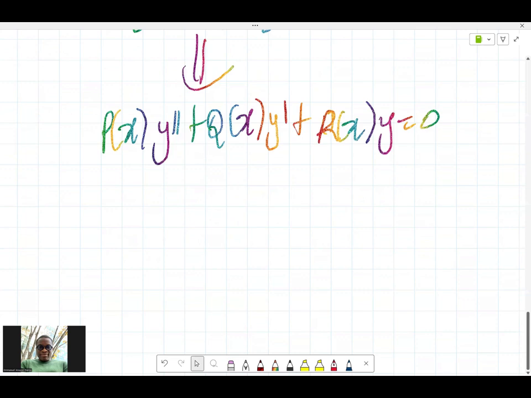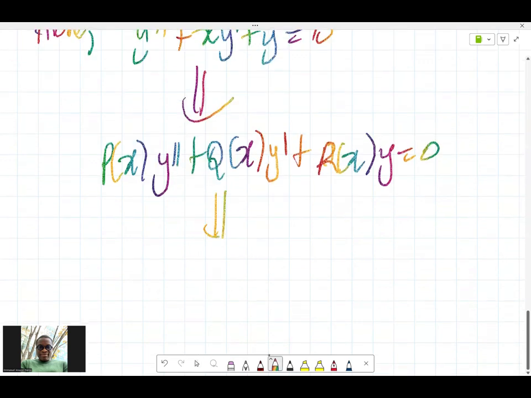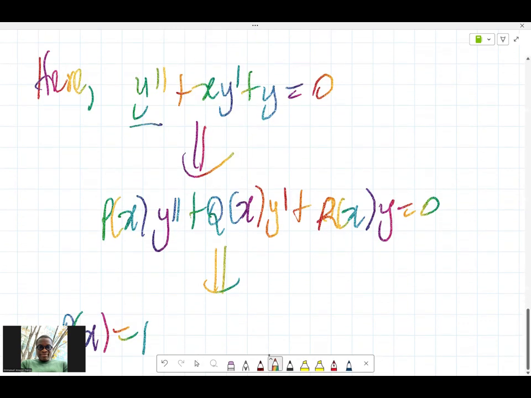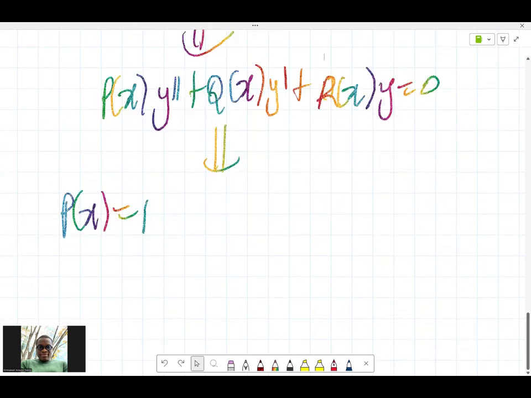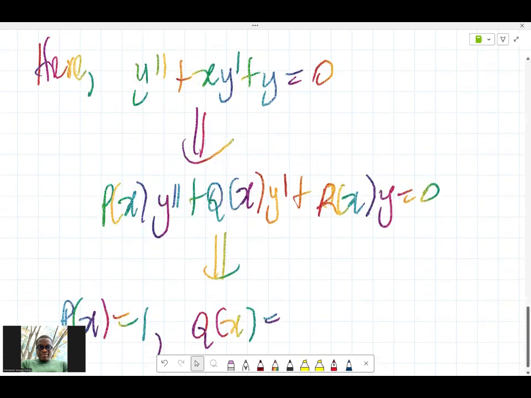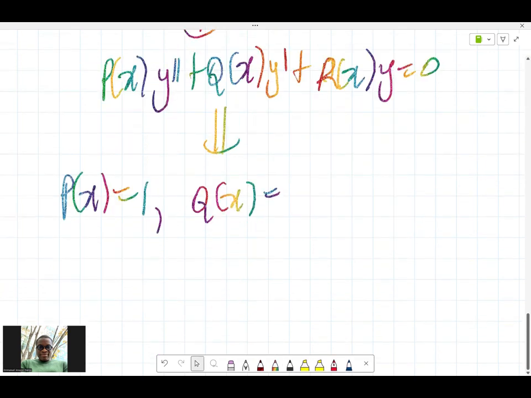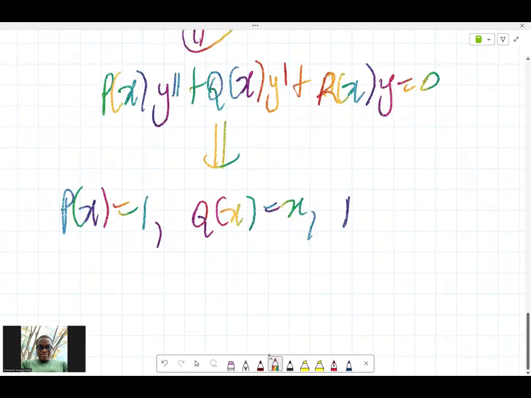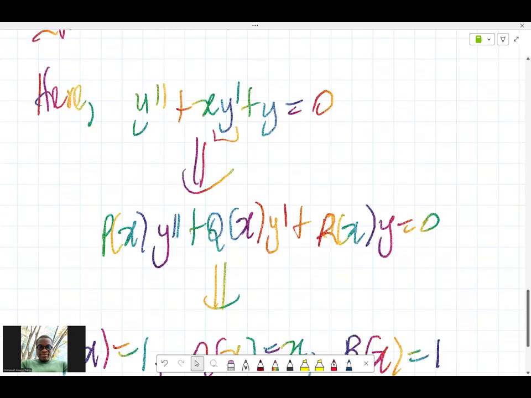it's simply clear that p of x is equal to 1, the coefficient of y prime prime. Then q of x is the coefficient of y prime, which is x in this situation, and r of x is also equal to 1, the coefficient of y.